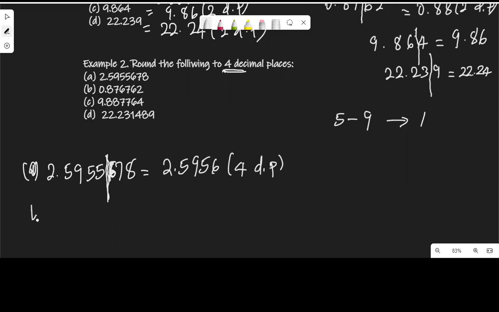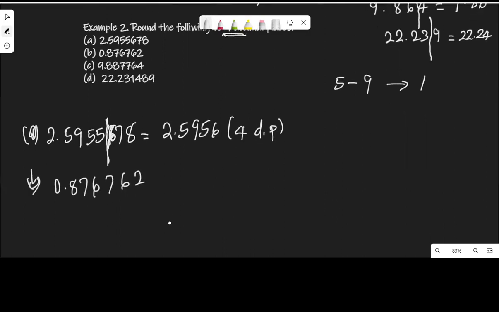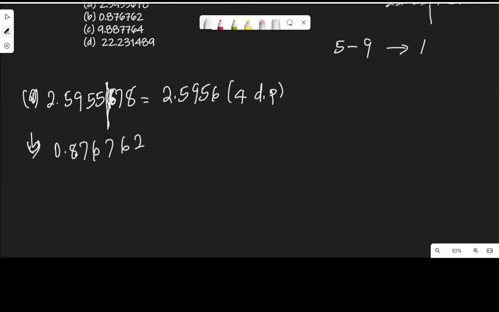That is A. And let's look at B. B, we have 0.876762. Want to round it to 4 decimal places. Let's locate the position of 4 decimal places. 1, 2, 3, 4. There is a line to demarcate that.